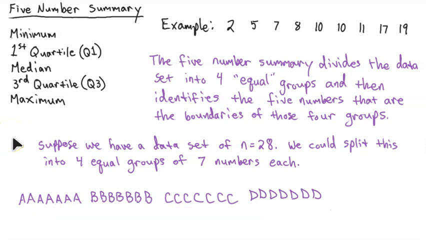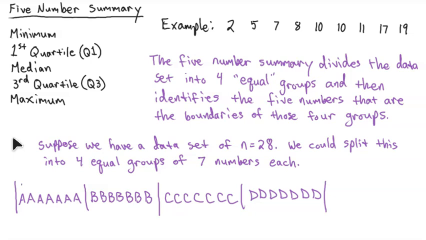So what we'll now do is we will break up all 28 of these numbers. We'll put a line here. So we have 14 over here, and we have 14 over here, and then we'll have the lower boundary of the whole thing and the upper boundary of the whole thing, and then the lower numbers, the bottom 14, we'll cut those in half, and the upper 14, we will cut those in half.